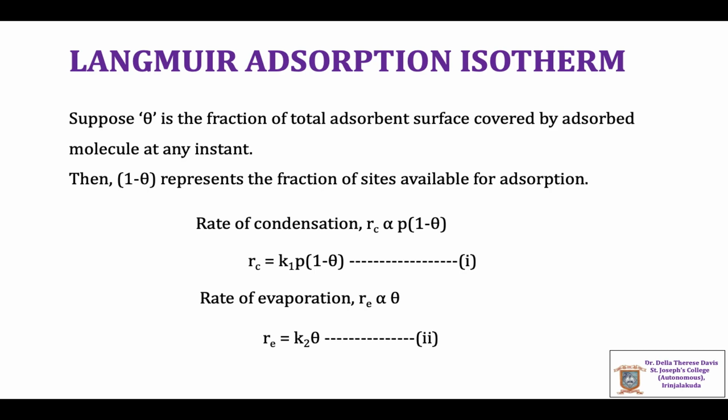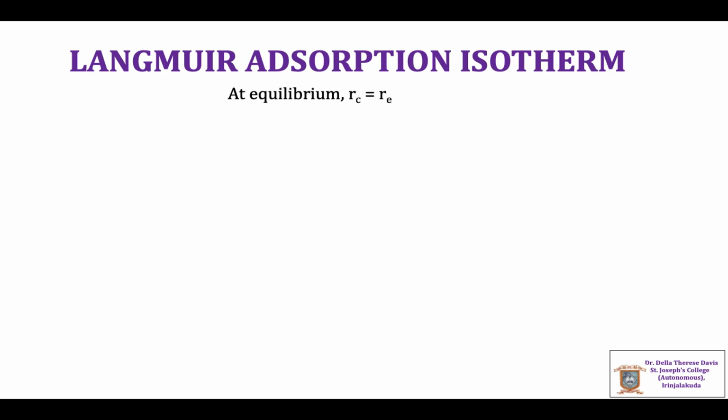The rate of evaporation from the surface depends upon the fraction of the surface covered. So theta represents the total fraction of the adsorbent surface covered. Thus, the rate of evaporation Re is proportional to theta. Re is equal to K2 into theta, where K2 is a second proportionality constant.